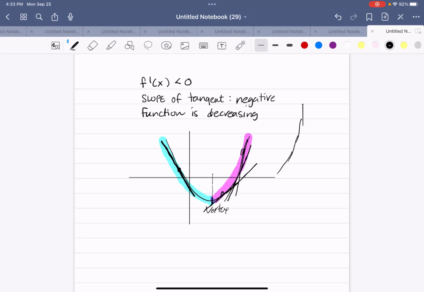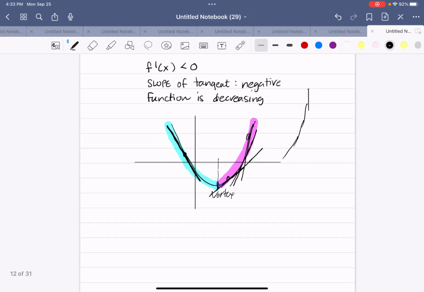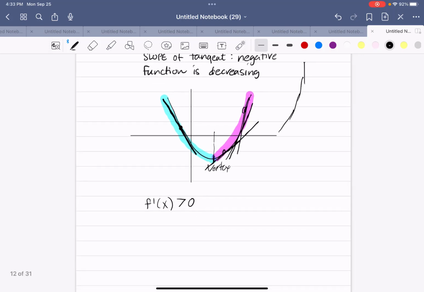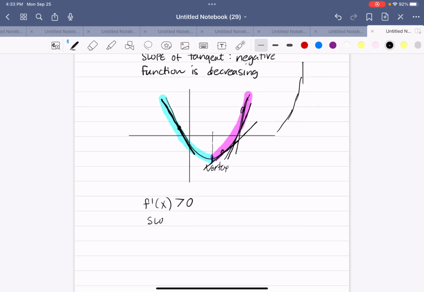So when f prime of x, the tangent slope, is less than 0, it's decreasing. But if f prime of x is greater than 0, that means the slope of the tangent is positive. And that would mean that the function is increasing.